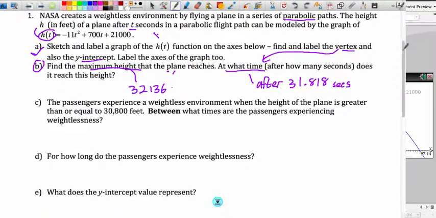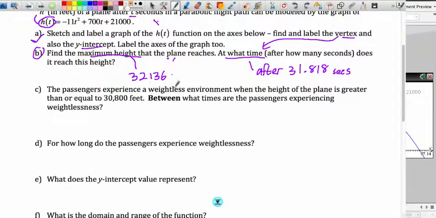Okay. The passengers experience a weightless environment when the height of the plane is greater than or equal to 30,800 feet. Okay, so once again, what you can see here is you've been given a height. And essentially what that means is you've been given a y equals value, or in the context of our example, an h of t value.